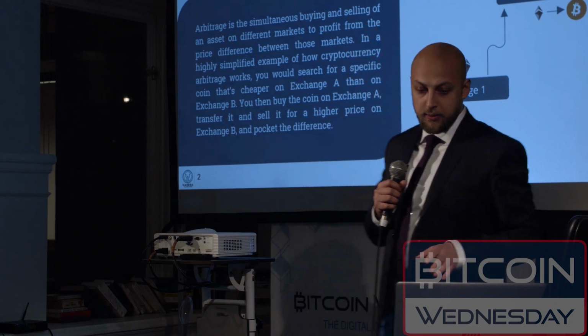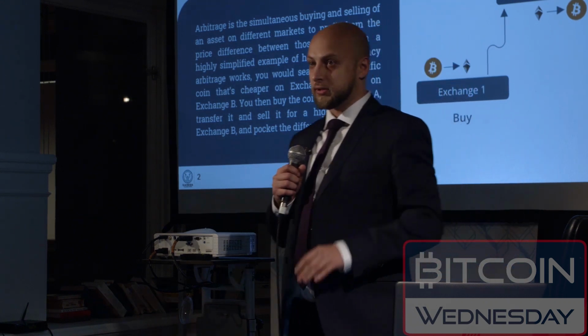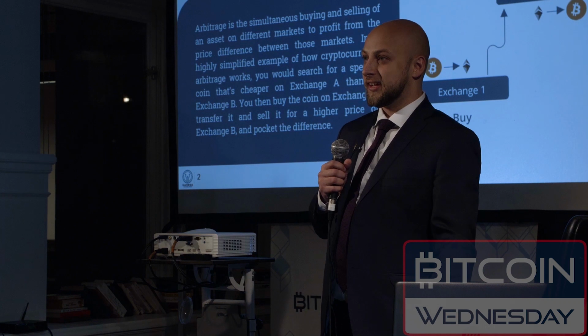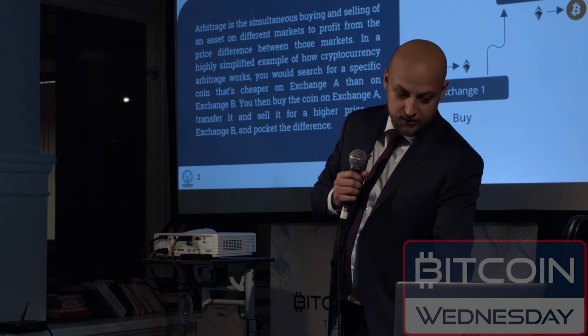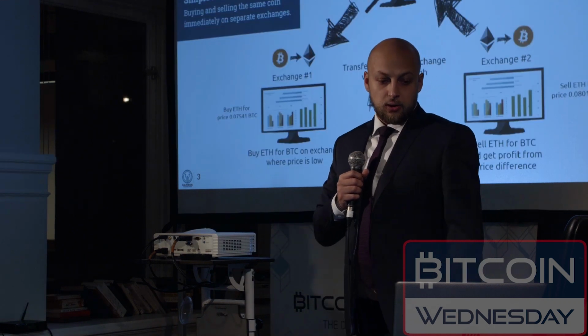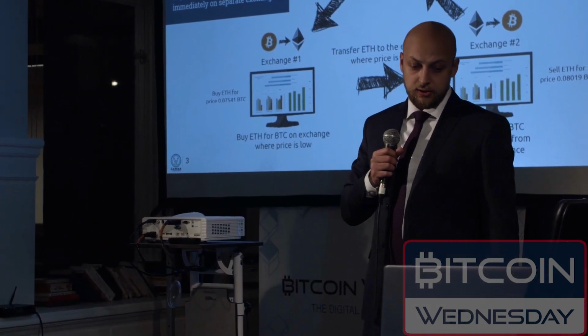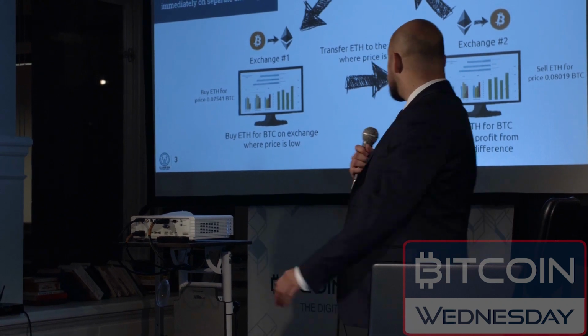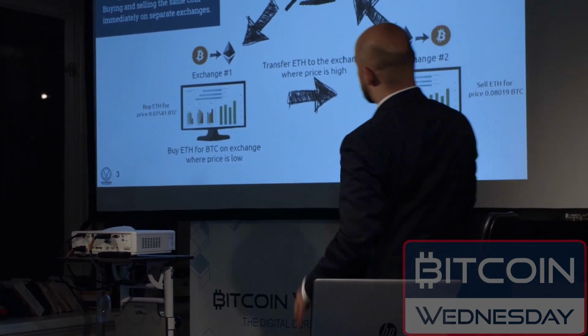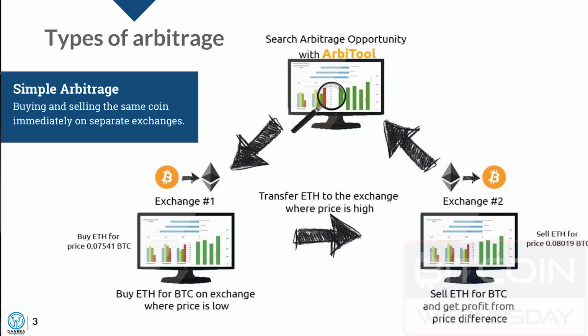And this is simple arbitrage, and the same works on cryptocurrency and on other markets too. So how does it work on cryptocurrency? For example, here on the screen, of course the prices are a little old. We search for arbitrage, and it's quite difficult because right now you have like 2,000 cryptocurrencies, maybe a couple more tokens.